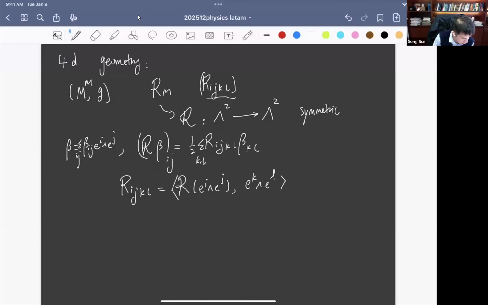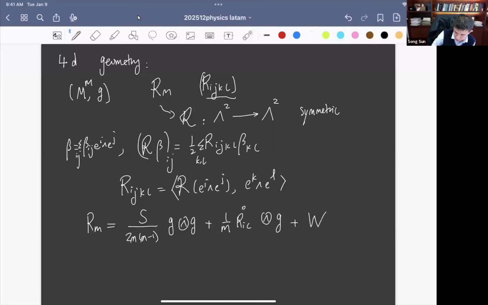You can view that as an endomorphism, and the curvature tensor has a decomposition according to the representations of SO(m). It decomposes as a scalar curvature part, s over 2m(m−1), times g with the Kulkarni-Nomizu product, plus 1/(m−2) times the traceless Ricci tensor with g, plus W. So what are they?